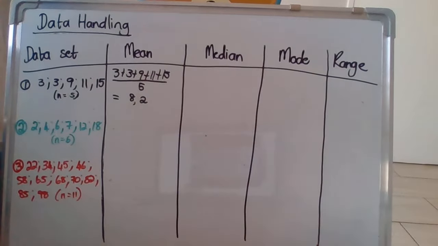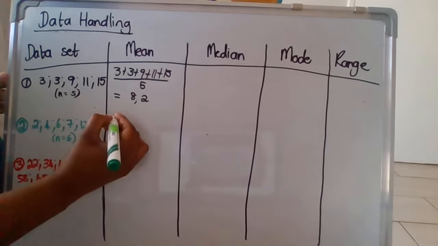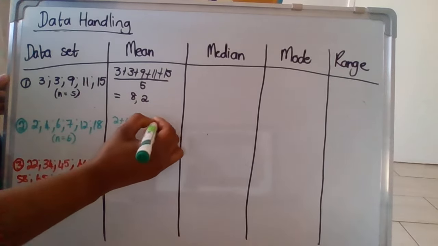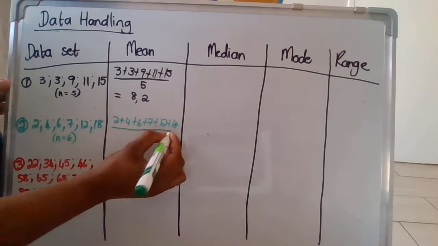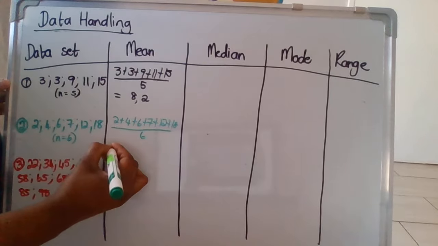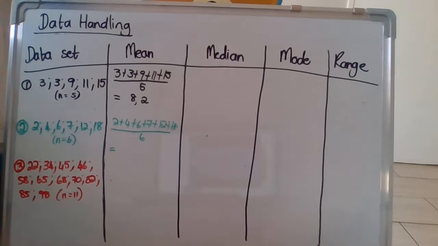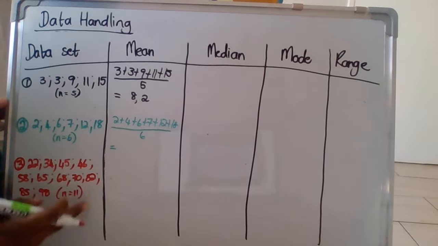We can do the same for the second example. Again, to find the mean, you add all your values, plus 18, and you divide by 6. And you should be able to get the answer there. My apologies, I don't have my calculator on hand. And lastly, with number 3, it's 11 values.